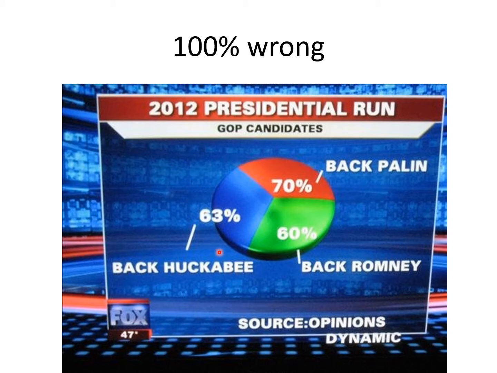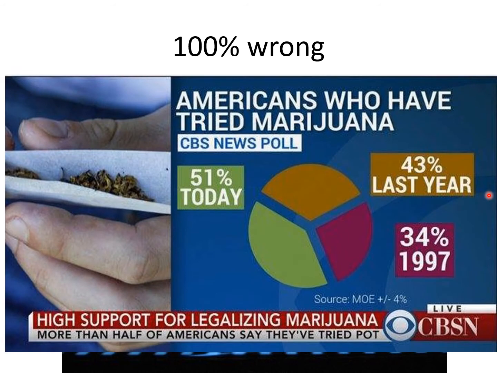Okay, so here we have our pie chart, and the circle represents 100%. But if we add these percentages, I think there is a problem. Okay, so another pie chart about Americans who have tried marijuana.